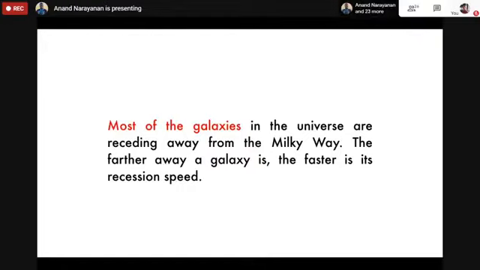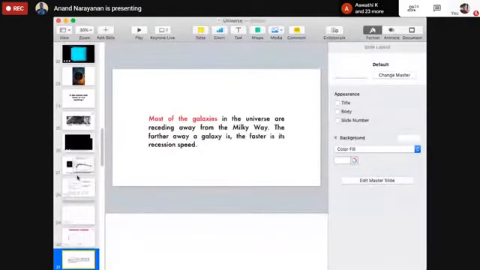But now comes the interesting part. Okay, if all the galaxies are moving away from us, then the immediate conclusion that one may arrive at is that we are the center of this expansion, because everything else is moving away from us. But astronomers of that time period did not make that mistake, because there is no reason why the Milky Way should be the center of the universe.